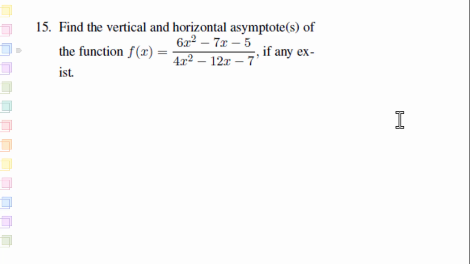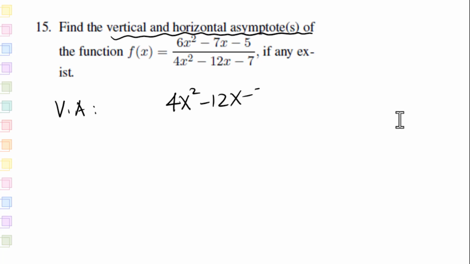Let's go to number 15. Find the vertical and horizontal asymptotes of the function. For vertical asymptote line, we will set up a denominator equals 0.